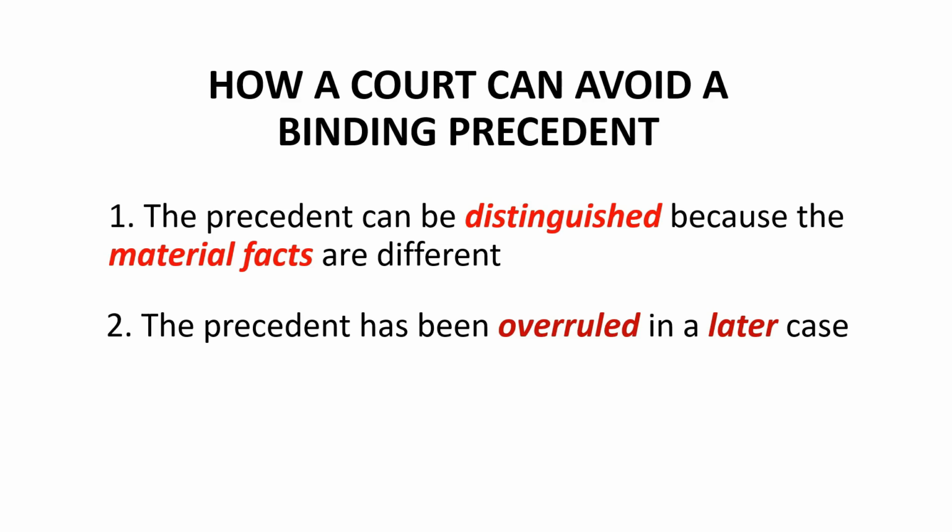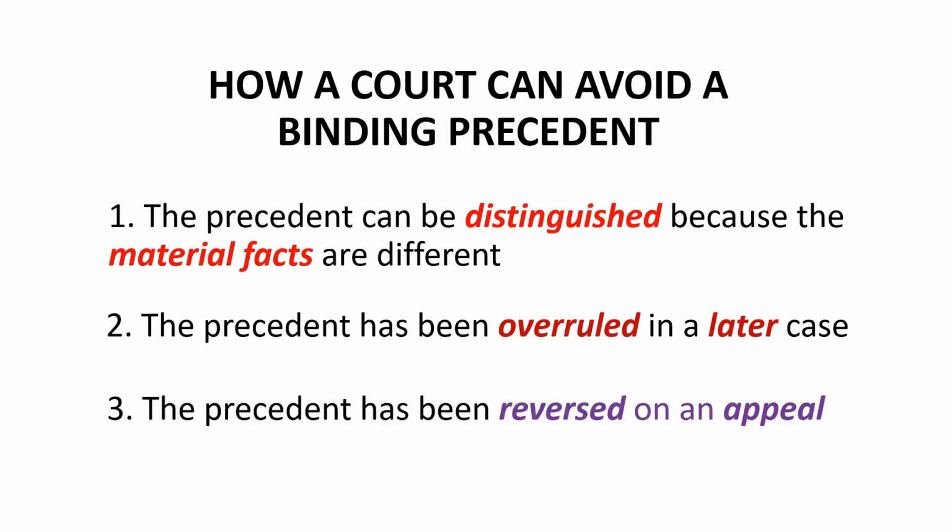And third, a court can avoid a binding precedent if that precedent has been reversed on an appeal. When you're describing each of these circumstances, make sure that you include the words that are highlighted in italics in your description of those circumstances. Let's look at each of these circumstances in a bit more detail.